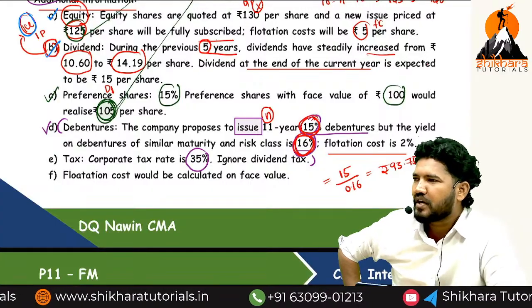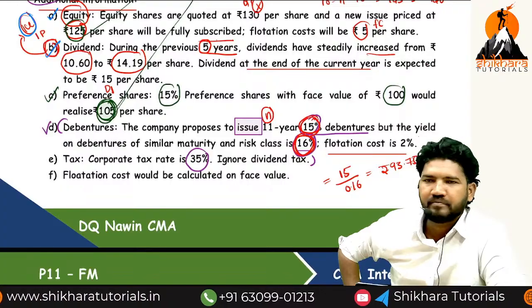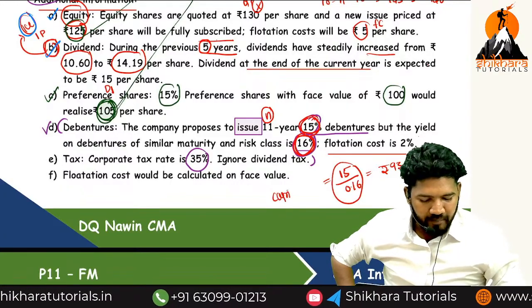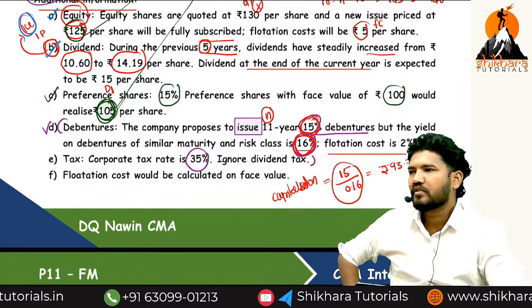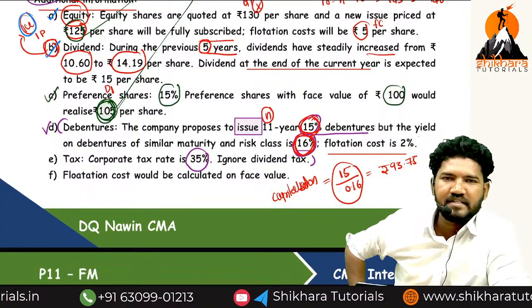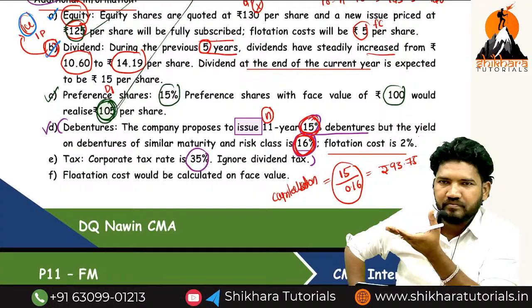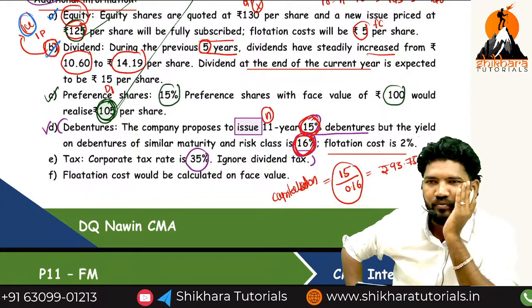Why? Because face value is 100 and the discounted price is 93.75. This concept is called the capitalization concept. Basic concept. I took a loan from her, some X amount. You don't know, she also doesn't know.